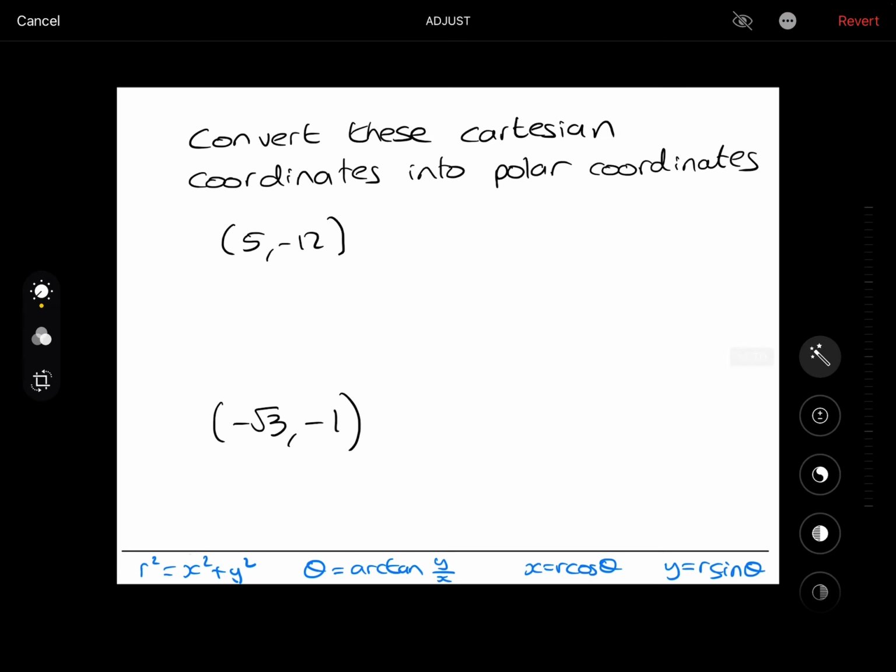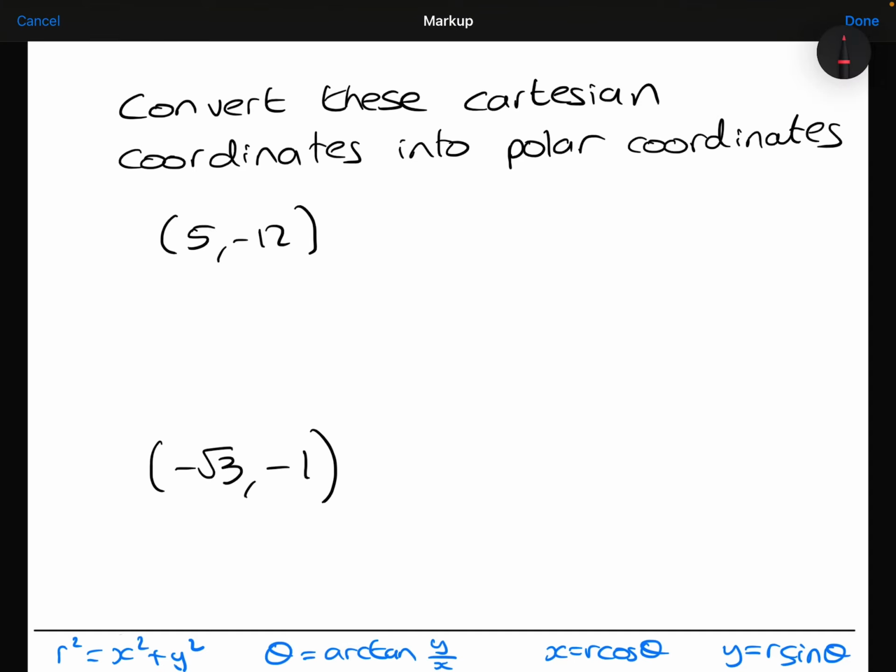So, let's have a look at a few examples of converting between them. So I've got some Cartesian coordinates here, and I want to convert them into polar coordinates. So I've got the coordinate 5, minus 12. So the x coordinate is 5, the y coordinate is minus 12.